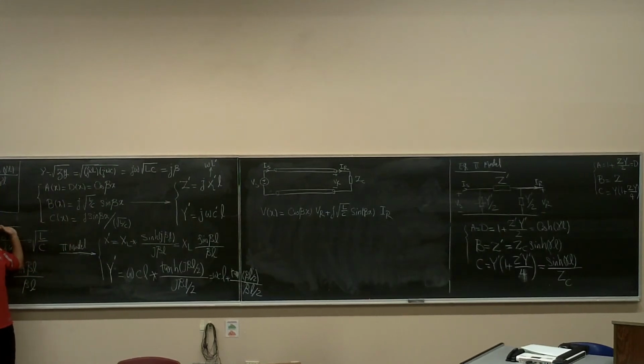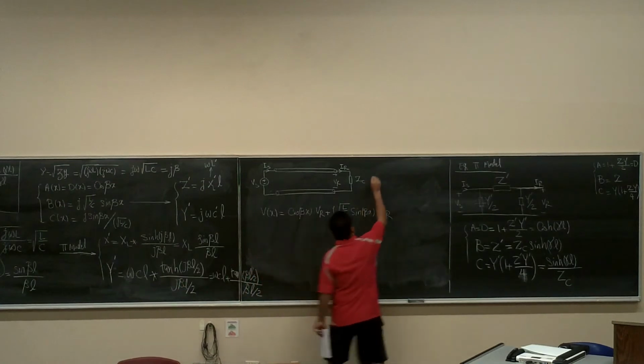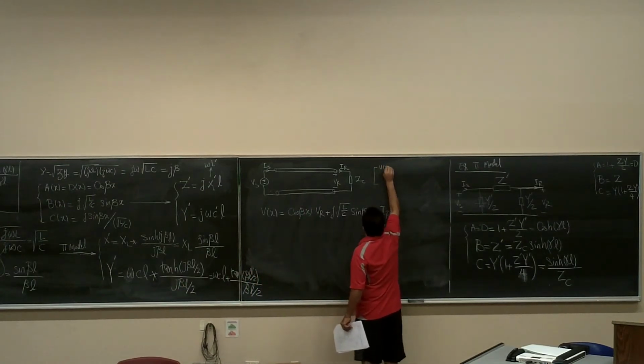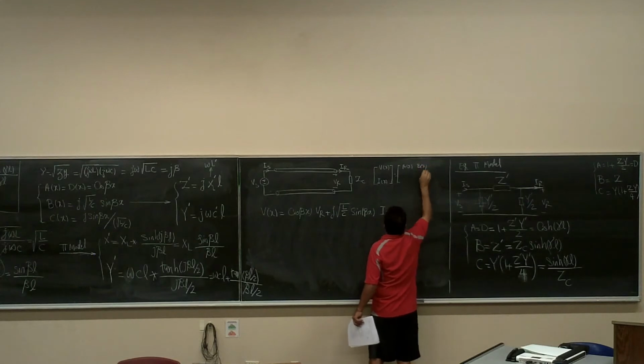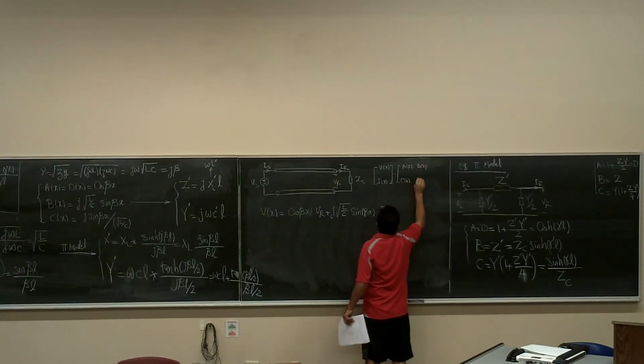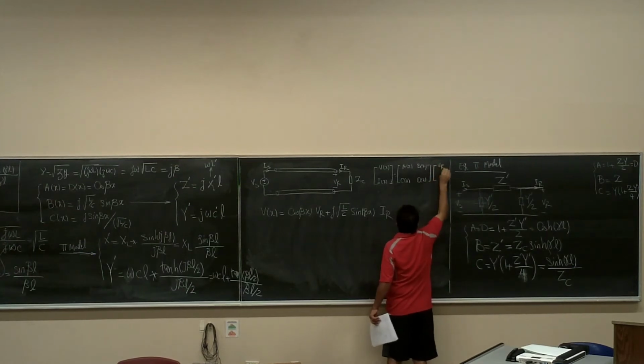Remember we said Vx, Ix is equal to the matrix Ax, Bx, Cx, Dx times VR, IR, right?